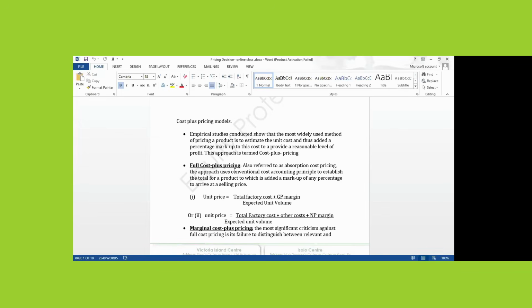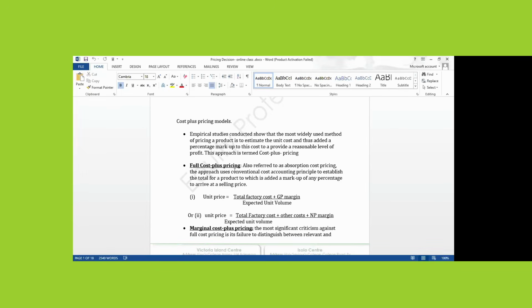Thereafter, certain percentage markup is added to the total cost of the product, so as to arrive at the selling price.